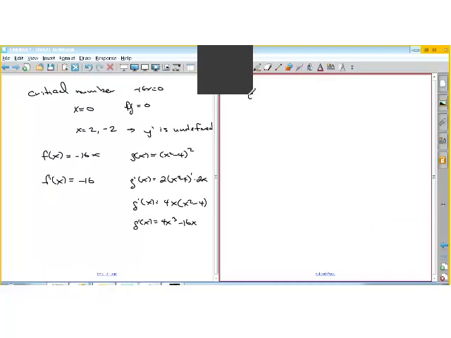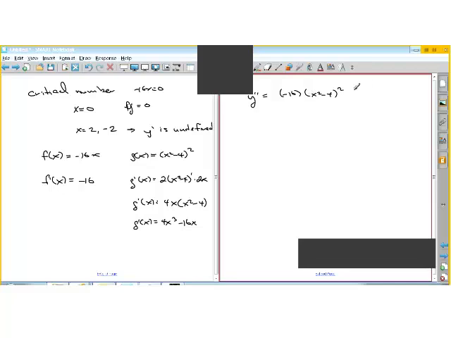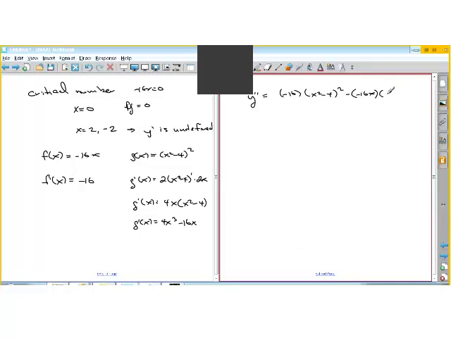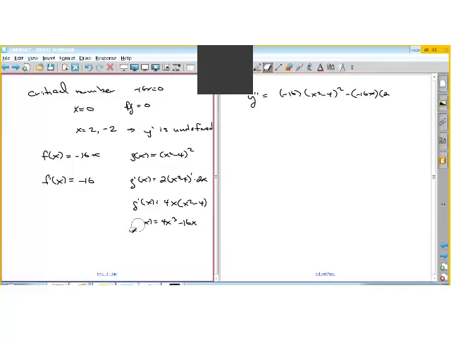So we can say that y double prime is going to be negative 16 times x squared minus 4 squared minus the product of the other two, which is negative 16x times 2. Well, actually, let's not go this far, because we can use that to simplify it.